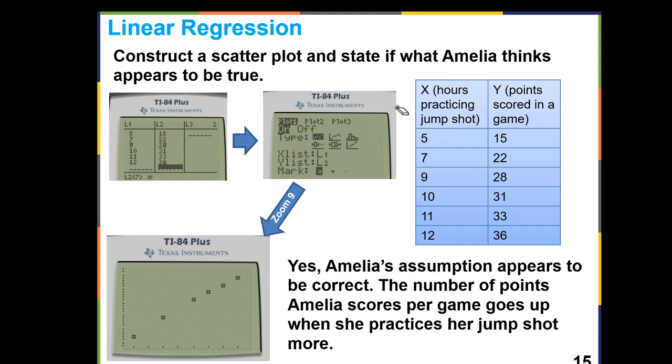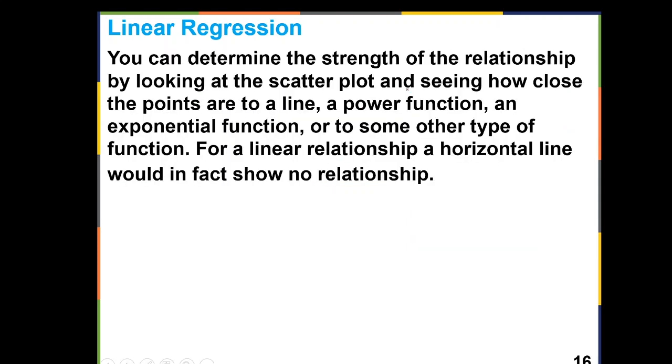Now, the question is, should she believe that there is a positive correlation between the number of hours she practices and how many points she makes? Yes, there is evidence here for positive correlation, as you see, linear positive correlation, right? That's the idea. All right.